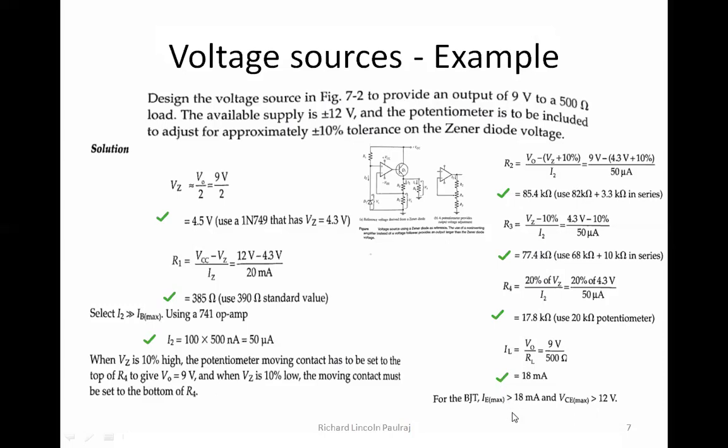So for the BJT, the IE max, the emitter current maximum value, should be greater than 18 milliamps, and BCE max should be greater than 12 volts. So the voltage between the collector and emitter of this transistor should be greater than 12 volts, and BJT IE max would be greater than 18 milliamps. So that is the final load current.